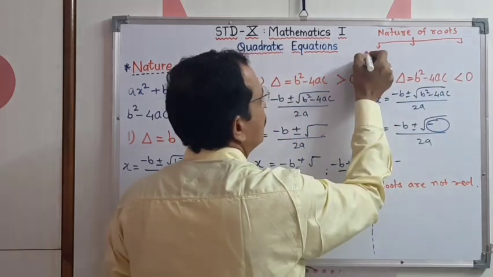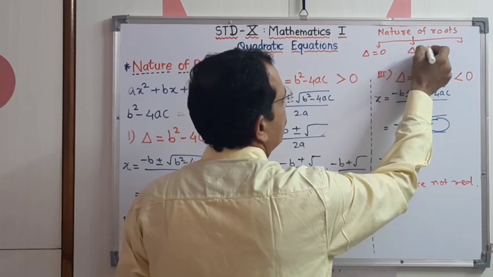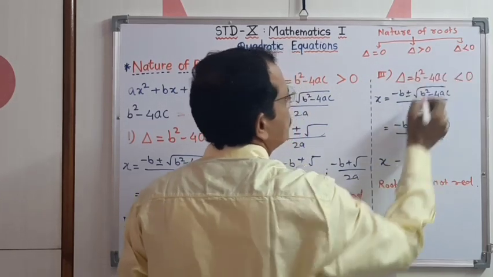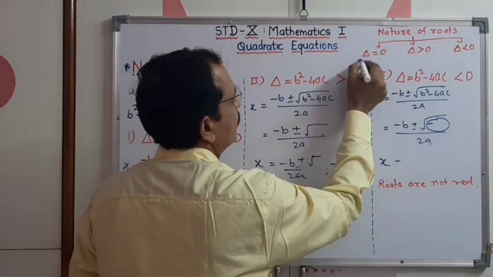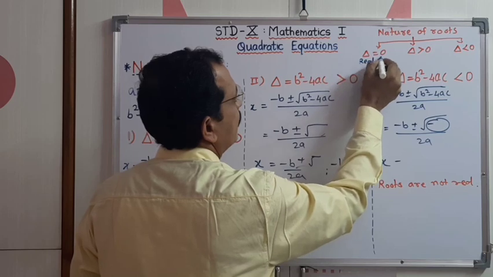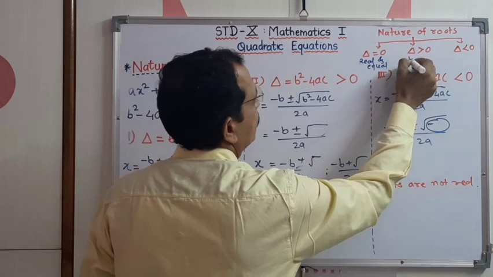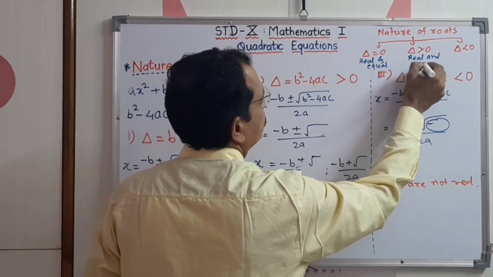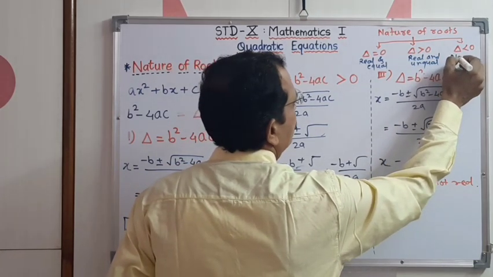If delta is equal to 0, delta is greater than 0, and delta is less than 0. Now if it is equal to 0, then real and equal. Here real and unequal, and here it is not real.